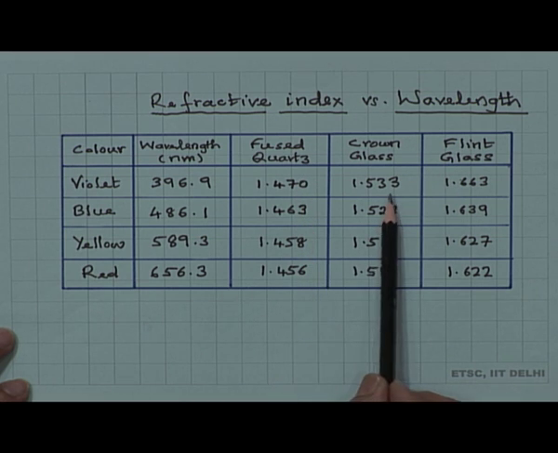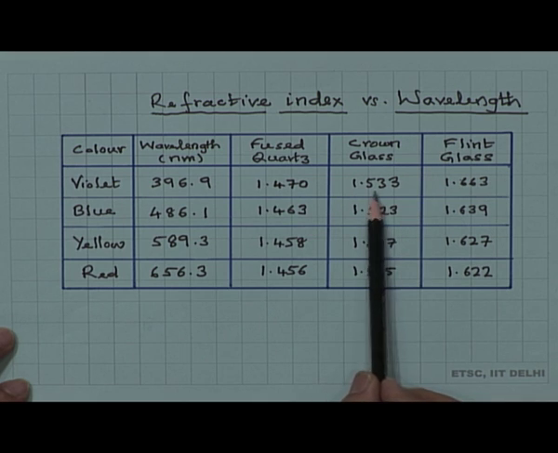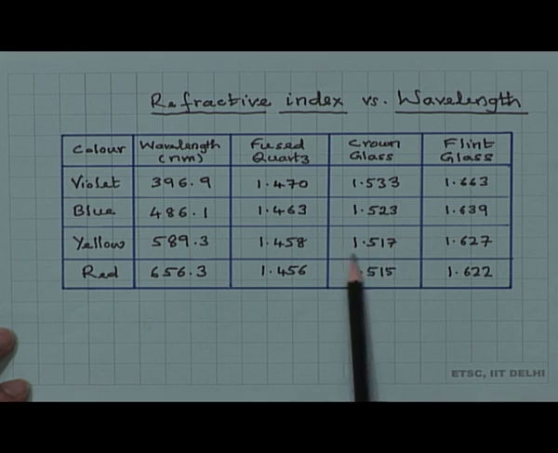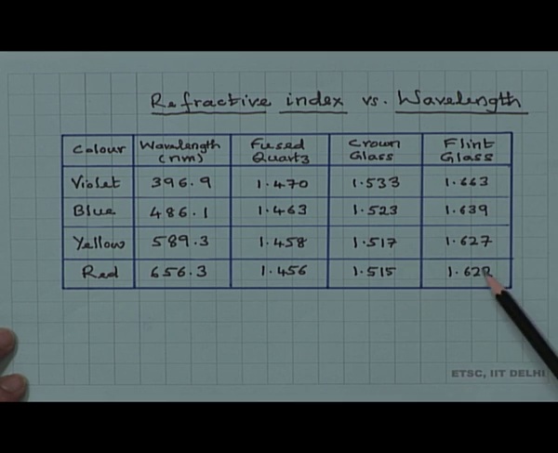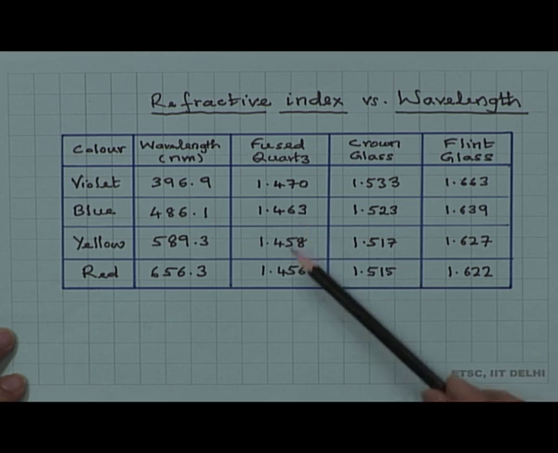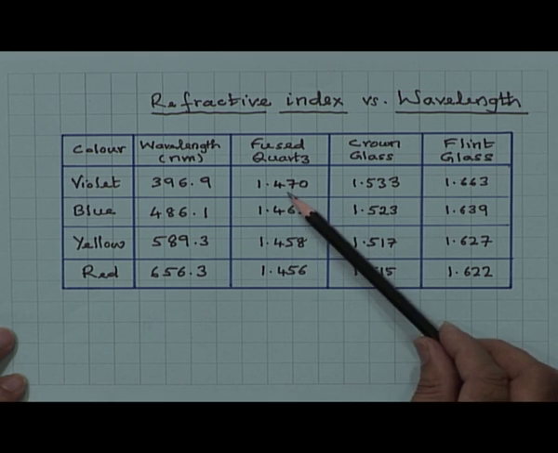You see the same thing for crown glass: 1.533, 523, 517 and 515, and for flint glass 1.663, 639 and so on. We can see that the maximum change for flint glass is approximately 0.041, whereas for fused quartz the maximum change is 0.014.